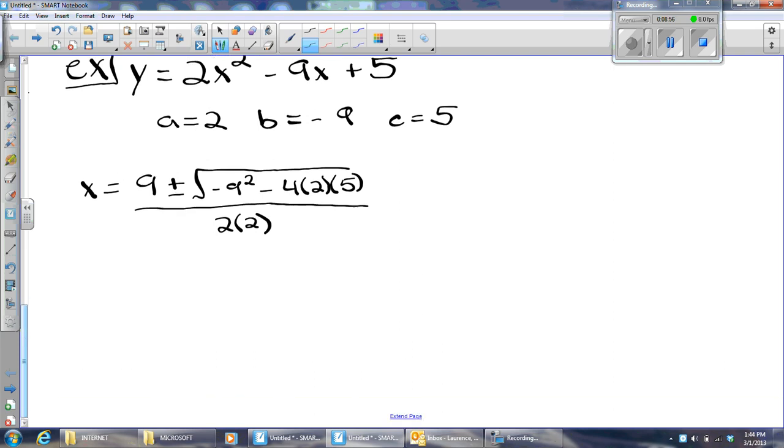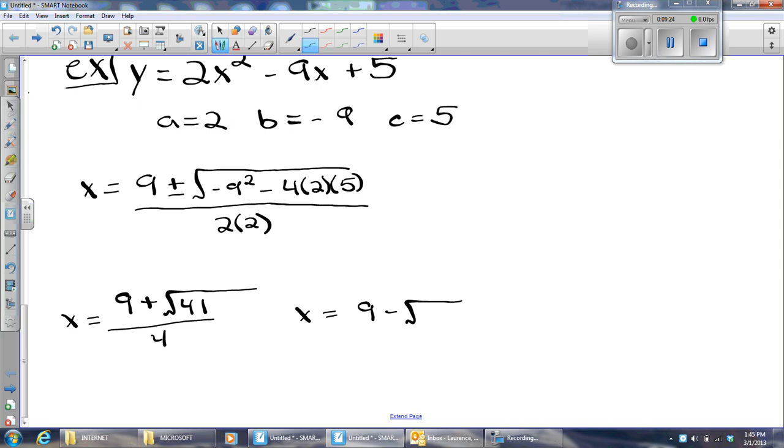All right, after we evaluate what's under the square root sign, we get 9 plus the square root of 41 over 4. Can't forget our x. And we get 9 minus the square root of 41 over 4.